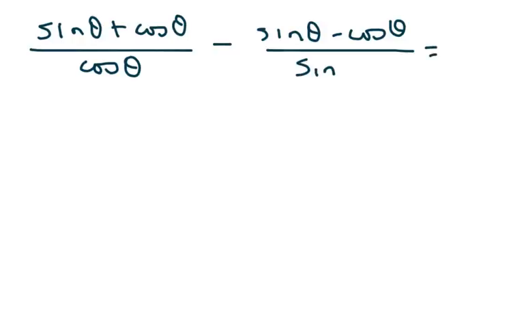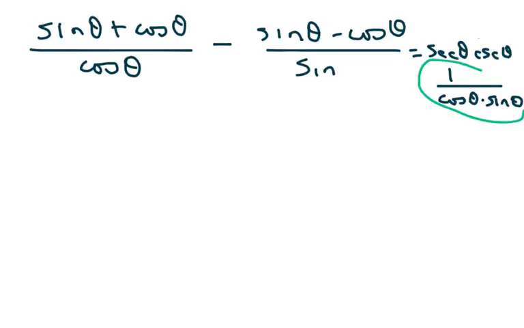And this is supposed to equal secant of theta times cosecant of theta. Which, if you know what that means, is 1 over cosine theta times sine of theta. Just so we know what that looks like.